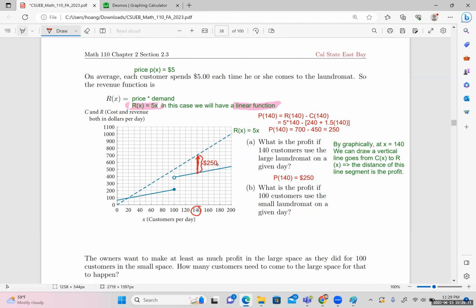So right now I come back with only 100 customers in the small laundromat. This is the case that we haven't extended the store yet. I know we haven't calculated the profit, but we calculated the cost.